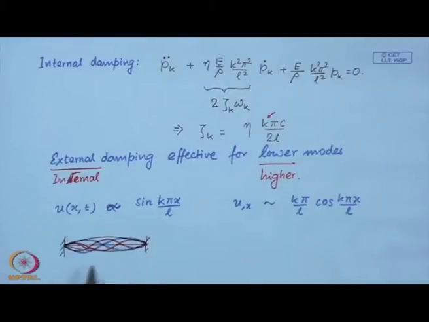So, higher the mode, more will be the nodes, and therefore, the effective motion of the system in the ambient fluid will be lesser and lesser. So, the effective damping because of external damping reduces as you go to higher modes.